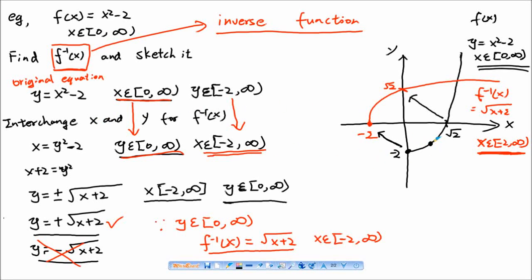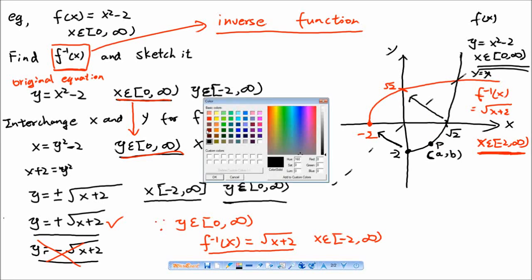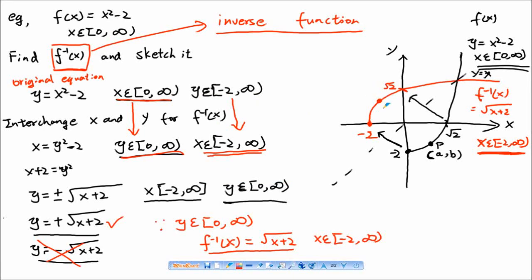If the coordinates of this point P are a and b, when it is reflected on the line y equals x, the equivalent inverse point, which I label Q, would have coordinates b and a.